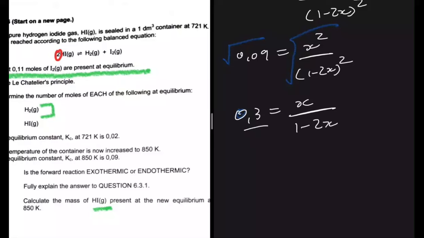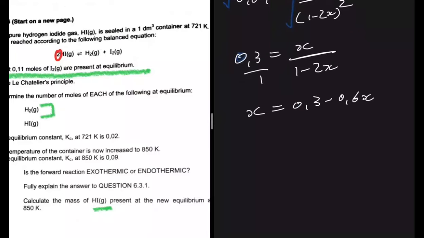So if we cross multiply here, we get x equals 0.3 multiplied by 1 minus 2x, and 0.3 multiplied by minus 2x is minus 0.6x.